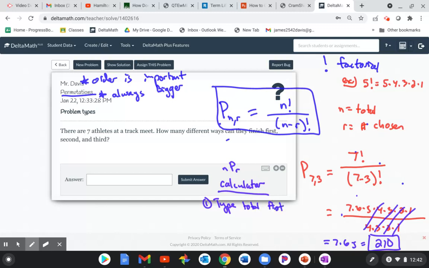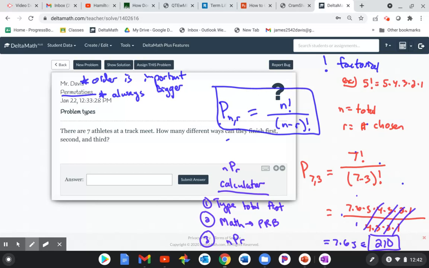And then you're going to hit math, and then go over to PRB. You'll see nPr there. So you're going to hit enter on that, and then you're going to type the r value.